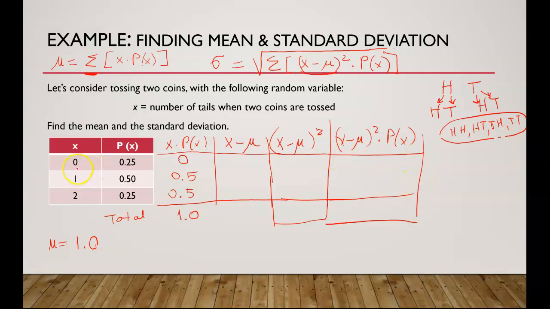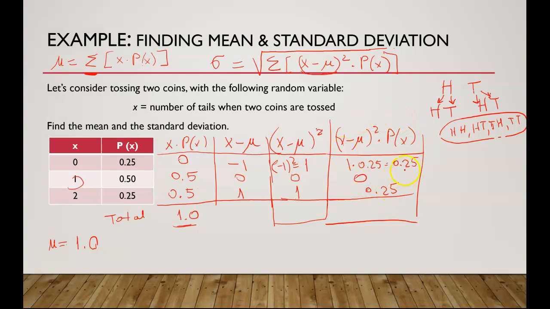Let's start with the first column. 0 minus 1 is equal to negative 1, squared equals 1, times probability 0.25 is equal to 0.25. 1 minus 1 is equal to 0, squared equals 0, times 0.5 equals 0. 2 minus mean 1 is equal to 1. 1 squared equals 1. 1 times 0.25 is 0.25.